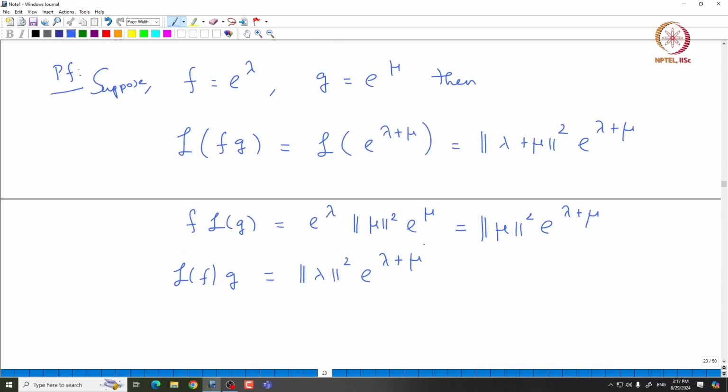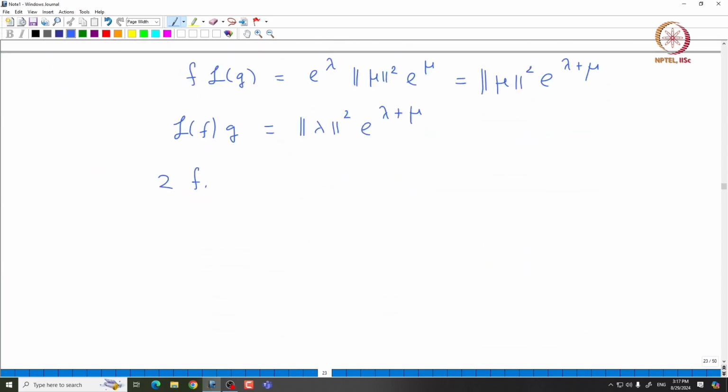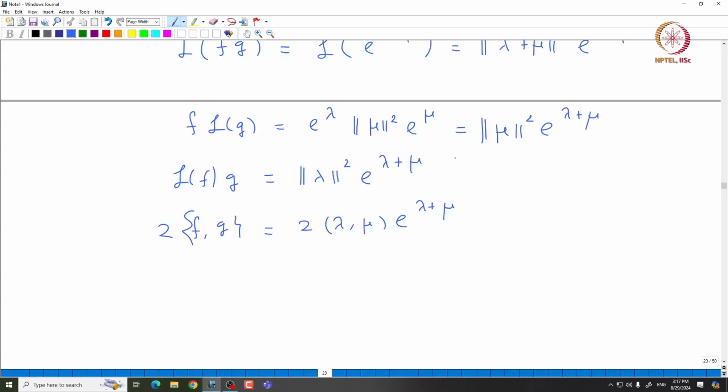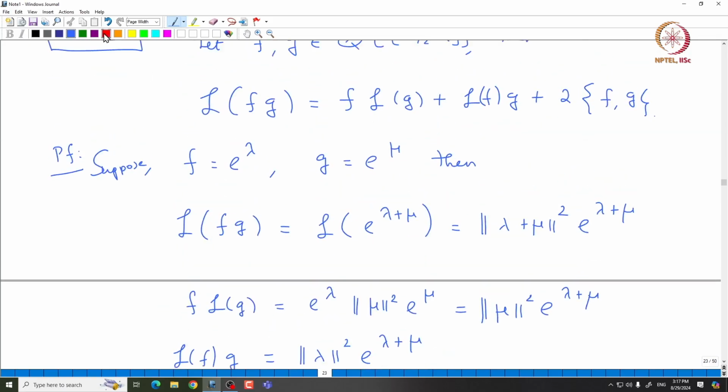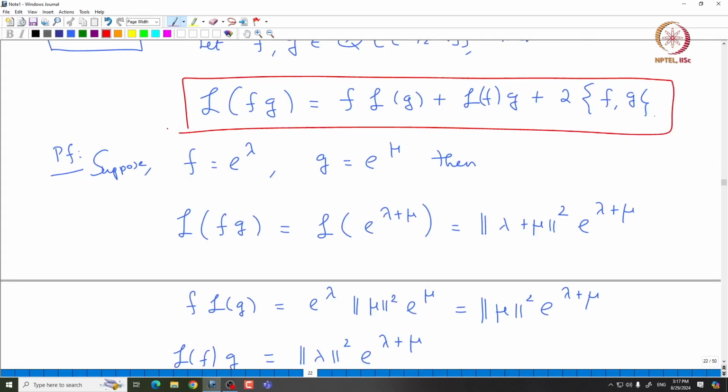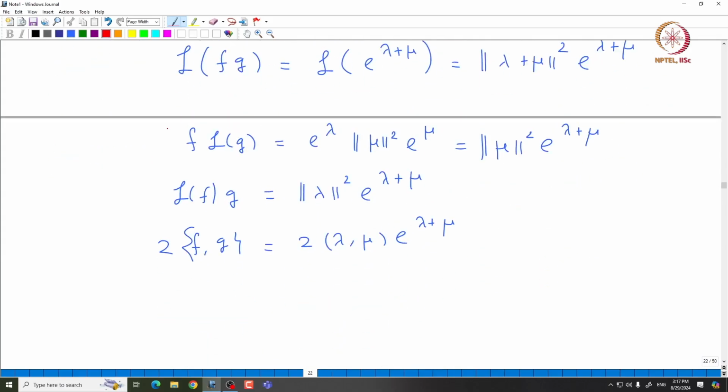And what is twice the bracket f g? That is given by twice lambda mu e power lambda plus mu. So, this is by definition. Now the equality of this is clear from the following trivial equality: norm of lambda plus mu square is the same as norm lambda square plus norm mu square plus twice the inner product lambda mu.